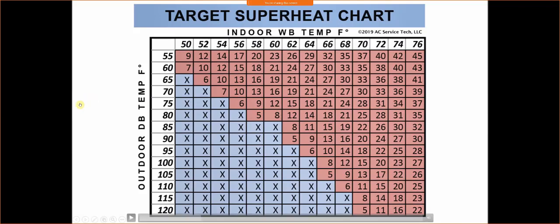Outdoor dry bulb temperature, let's just say it's a nice 80-degree day, and our indoor wet bulb temperature is a 70, all right? So our target superheat is gonna be 25. But if I have the same temperature and I have a 60-degree wet bulb, well, I have 8 degrees of superheat. So what does this mean?